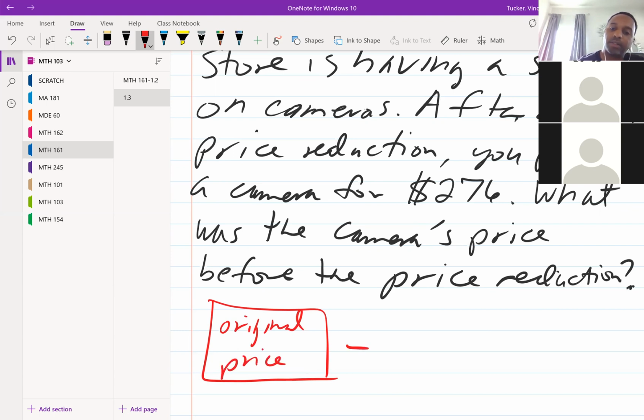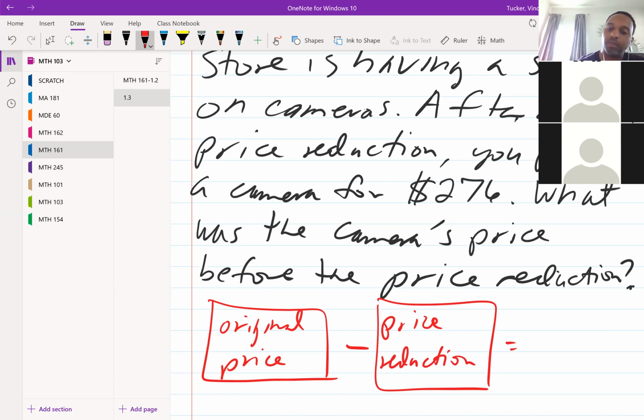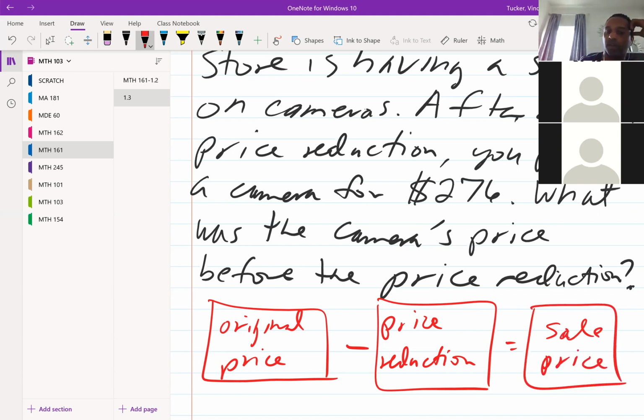You're going to minus that price reduction. And that's going to be equal to the sales price. That's just going to happen regardless of what information you have. You know that you have an original price. You know that you're going to have to subtract something from it, that price reduction, in order to get to a sale price.